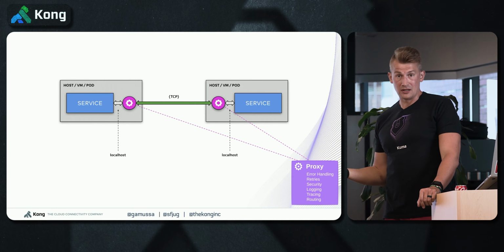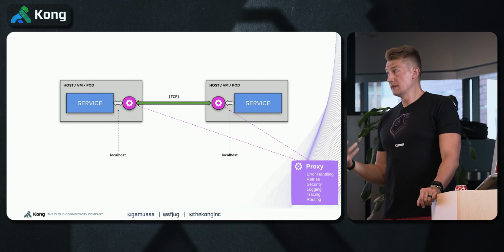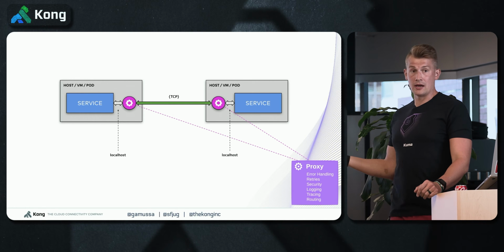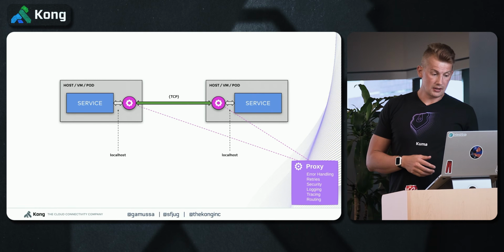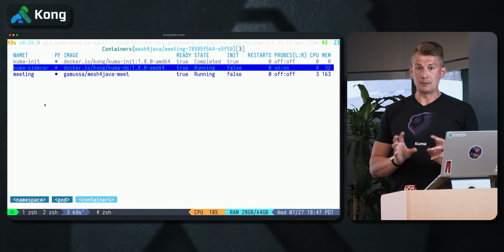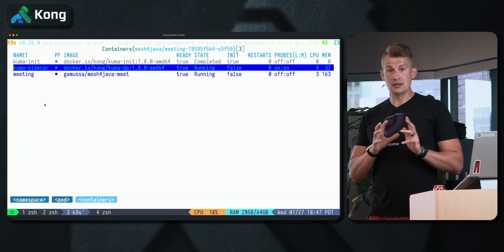If the proxy were slow and cumbersome to use, there's no reason to rely on this technology. So in the world of Kubernetes, this particular pattern is called Sidecar, and this is how we deal with this.